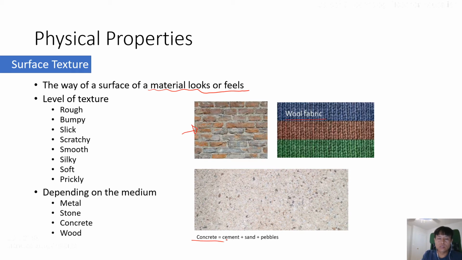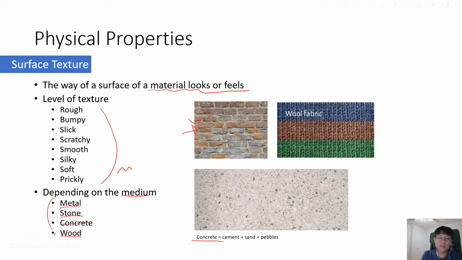All materials have different textures, right? So there are different textures: rough, like bumpy; slick, like slippery; scratchy; and smooth, silky and soft. So all are different. And it also depends on the medium, such as metal, stone, concrete, wood.